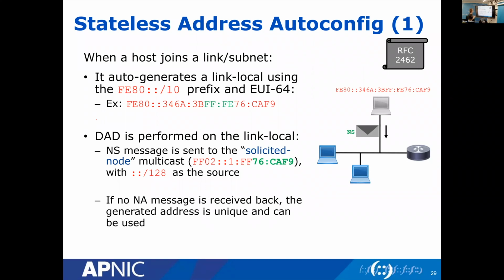We will do a neighbor solicitation, much like we found out how to get our packet from A to B, on the solicited node multicast group, using our source address as part of that solicited node multicast message. If we don't get a neighbor advertisement back, it means one of two things. One, you're filtering multicast, which means nothing's going to work. Or two, nobody else has that address and you can use it.